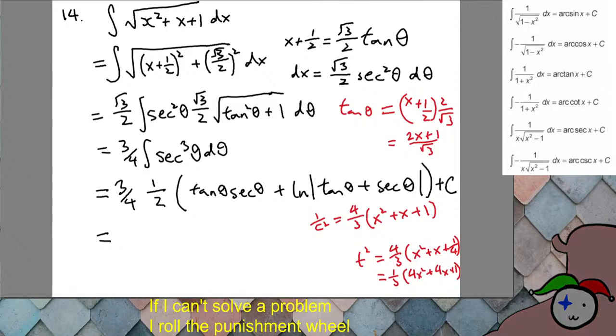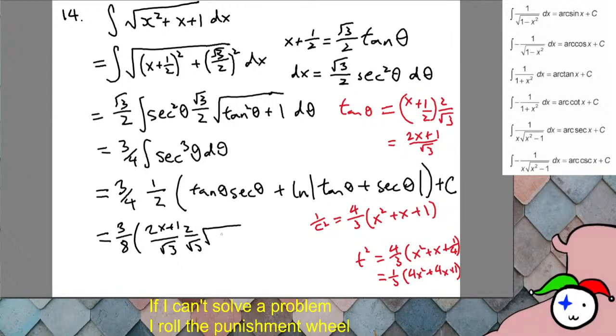So secant is the square root of that. So what I'm getting at the end is 3/8 times, oh dear, 2x plus 1 over root 3 times 2 over root 3 square root of x squared plus x plus 1.